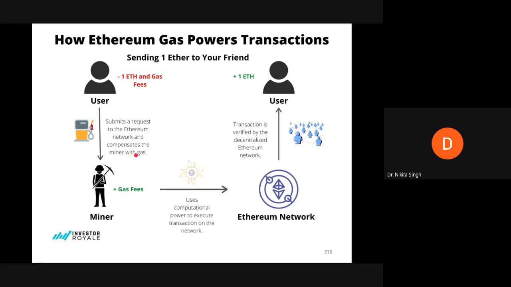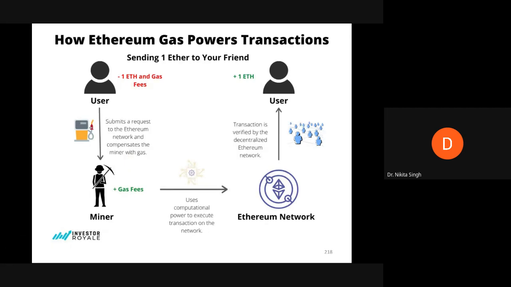Since miners have the power to select or not select your transaction, you put a gas fee, that is you are giving the miner a reward for selecting your transaction. So if you give a higher fee, there are higher chances that your transaction will get selected.